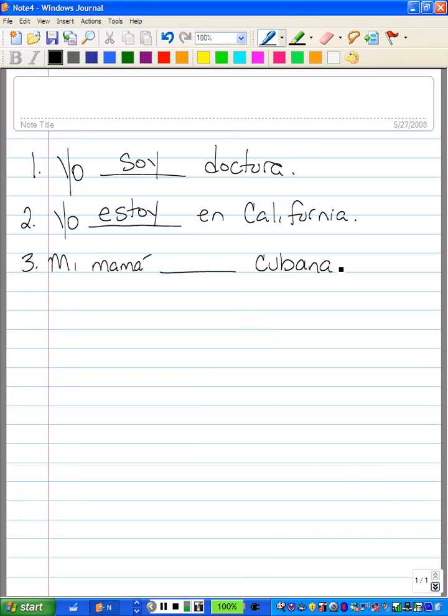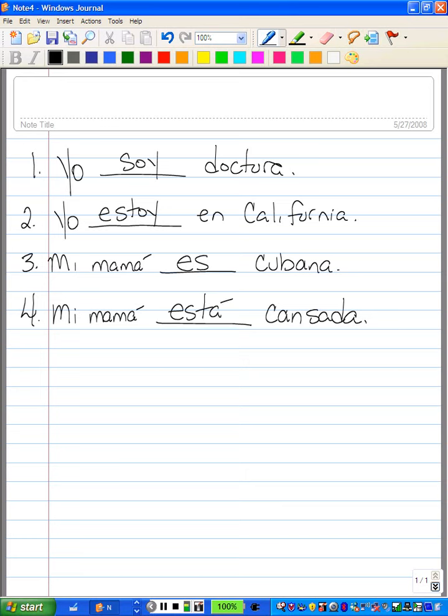If you say my mom is Cuban, Cuban is a nationality, so you would use the ella form of the verb ser, which would be es. Mi mamá es cubana. If you want to say that your mom is tired, maybe she's worked too many hours, then you would say mi mamá está cansada.